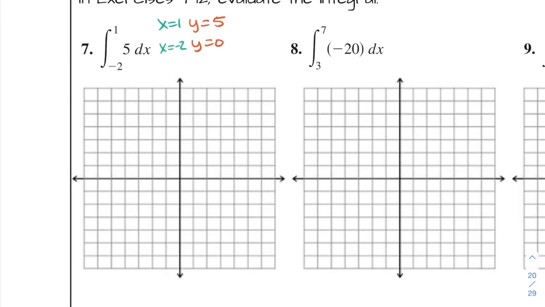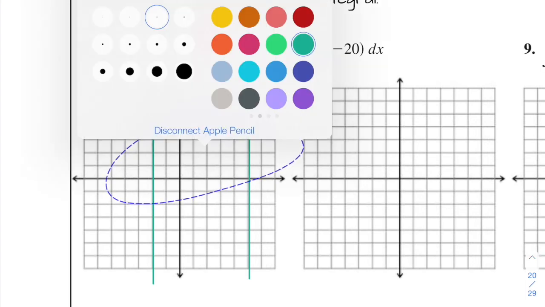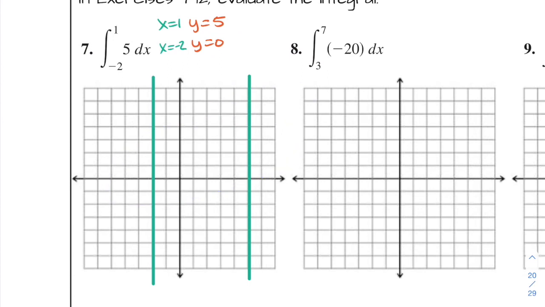Okay, so it's going to be between -2 and 1, 2, 3, 4, -2 and 5.